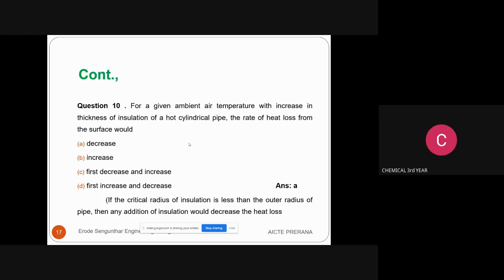We can tell this answer from the practical view itself, because if the critical radius of insulation is less compared to the outer radius of the pipe, then while increasing the insulation thickness, definitely the heat loss will be decreasing only. Option A is the answer for this question.